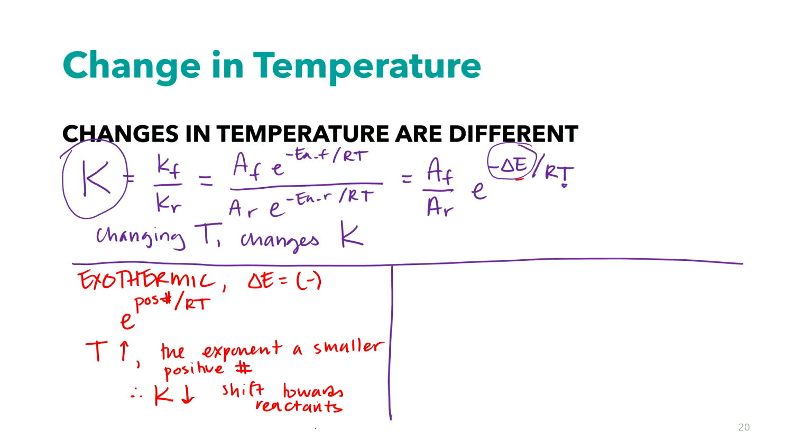The reverse logic holds: if I lower the temperature, if I make that denominator smaller, then I have a bigger positive number and K is getting bigger.